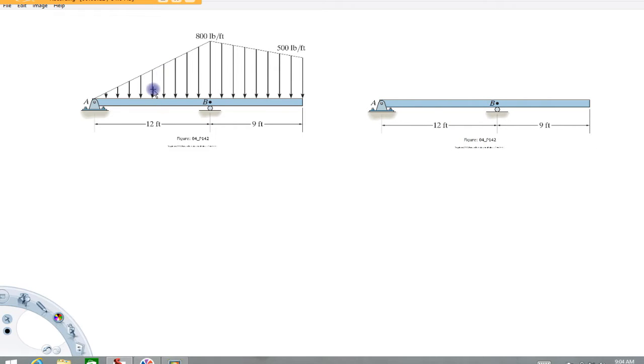I'm going to start with this triangular load. Again, we could write a linear function and use differentials and integration to find the total net force due to this triangular load, and again use integration and set the moment on the left equal to the moment on the right to figure out where the load goes.